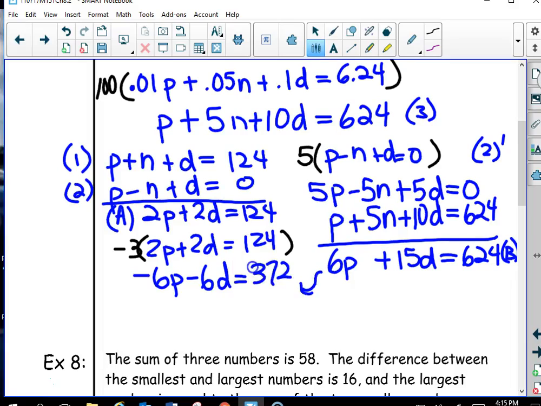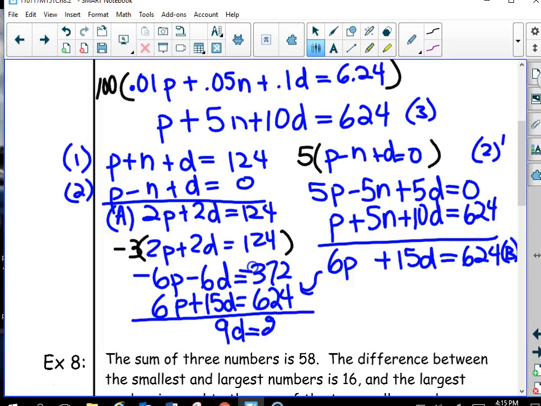So let's stack and combine, see what we get. And that should be a negative 372. Keep making that kind of error. Okay, negative 6 plus 15 is going to give me 9D, and 372 minus 624 is 252. And when I divide 252 by 9, I get 28.